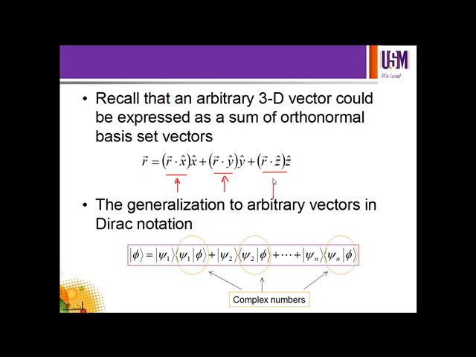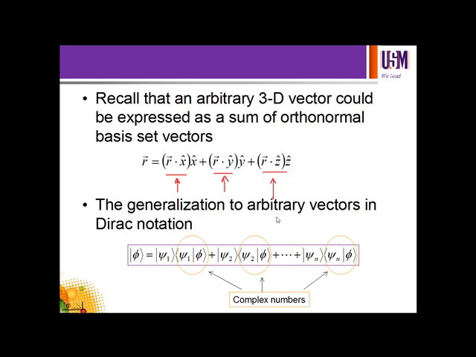So basically we can define a vector R as being represented by a constant or number multiplied by unit vector x, plus another number or constant multiplying unit vector y, plus another constant or number multiplying unit vector z.